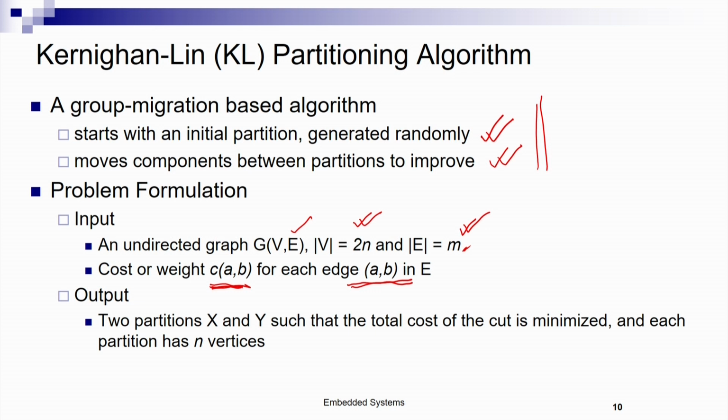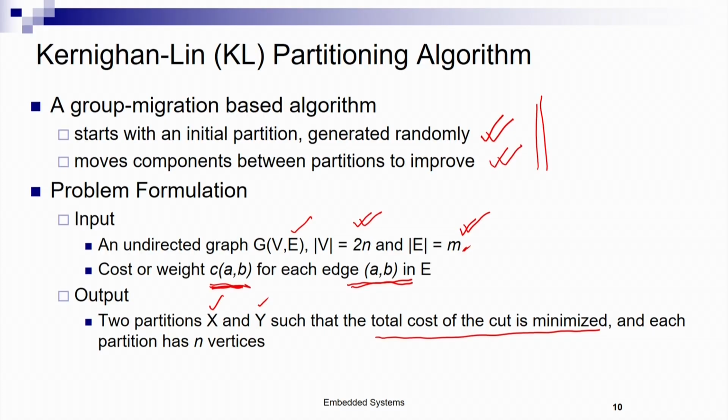So, the output, what do we have? We have two partitions X and Y, such that the total cost of the cut is minimized. By cut, we mean the total data transfer between hardware and software, and such that each partition has n vertices. So, this algorithm will always return equal sized partitions.